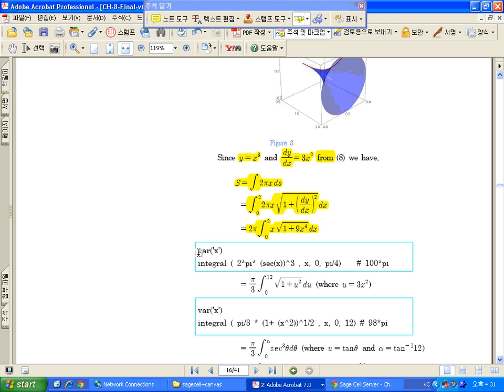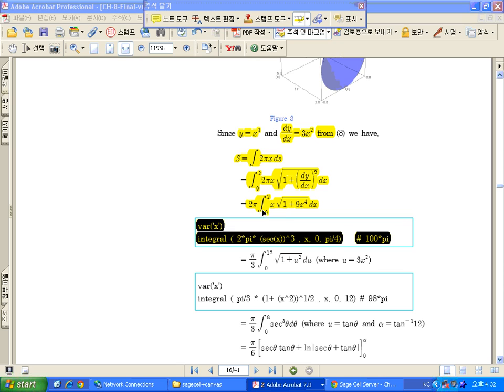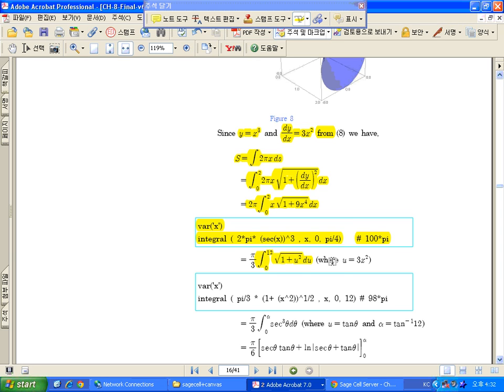So we just use the Sage command to get the integral of this. From here, by substituting u for 3x squared, we have a simple form of integral like this.